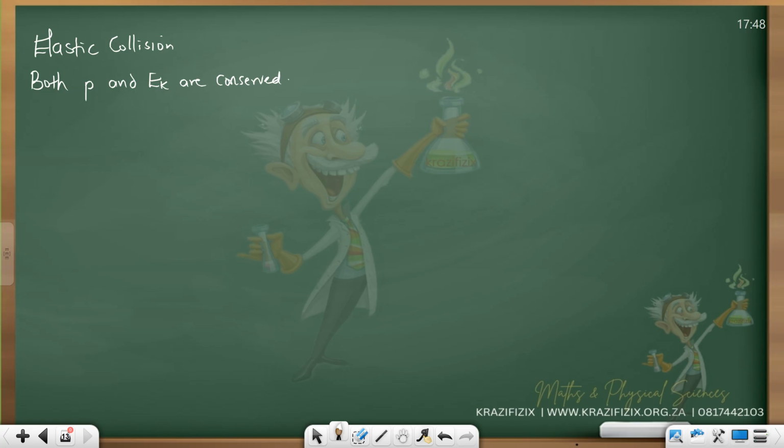It means total initial momentum is total final momentum, and the total sum of kinetic energy before is equal to that after. If those two conditions are met, then we can talk about an elastic collision.